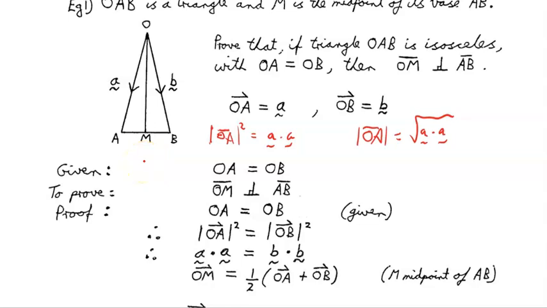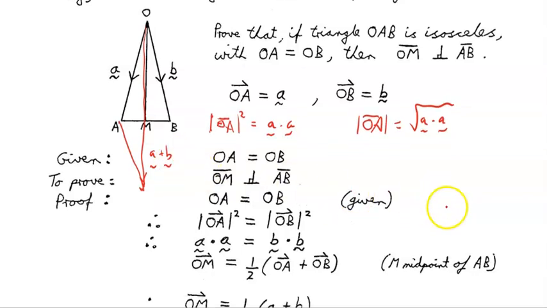So if I took the vector OA and added OB to it, the resultant vector here would be a plus b. Then we just want half of that length, halfway through there, and so we put the factor of a half out front.